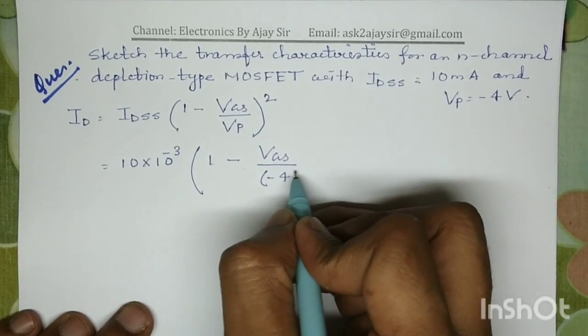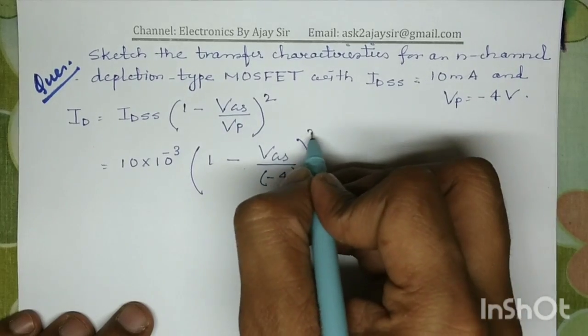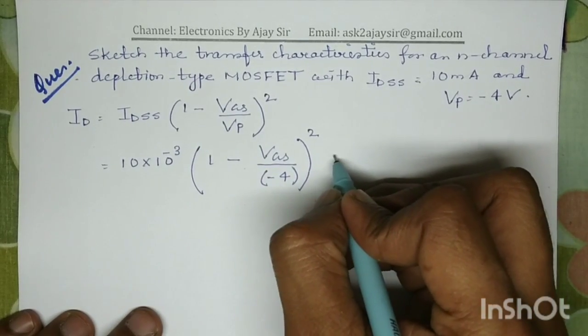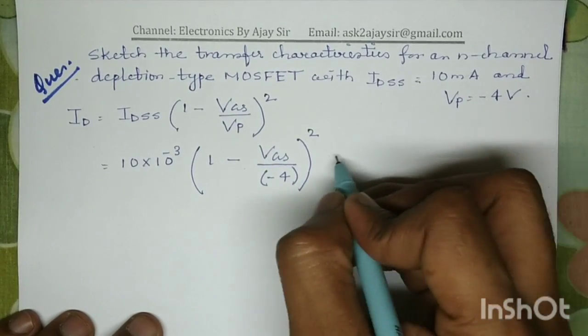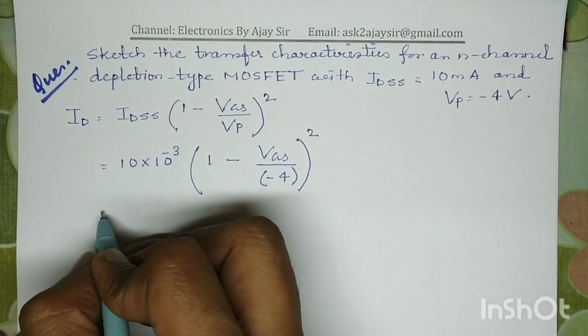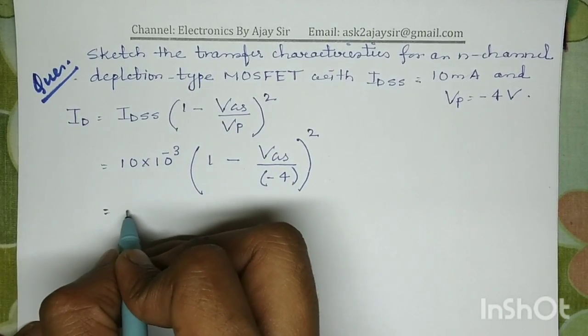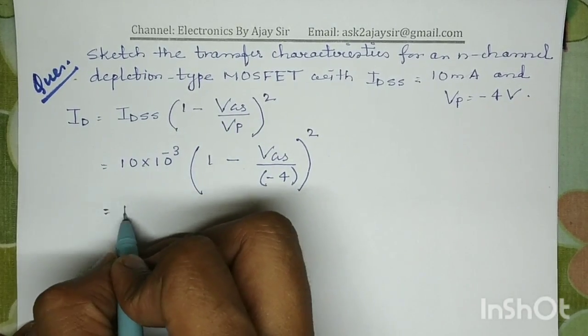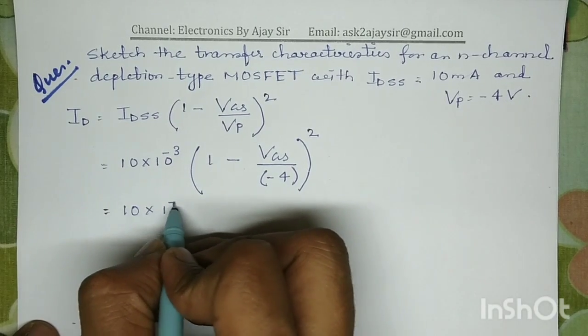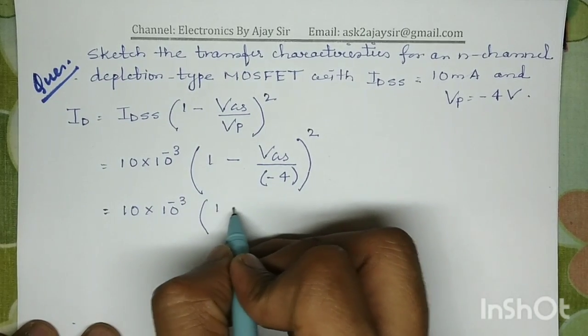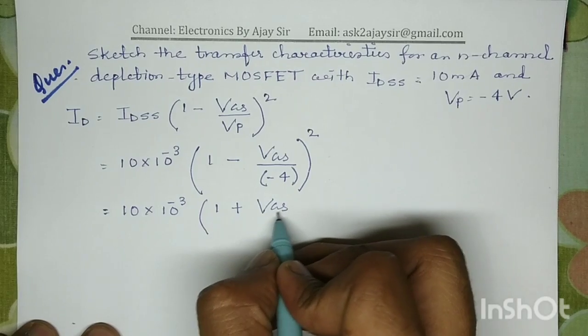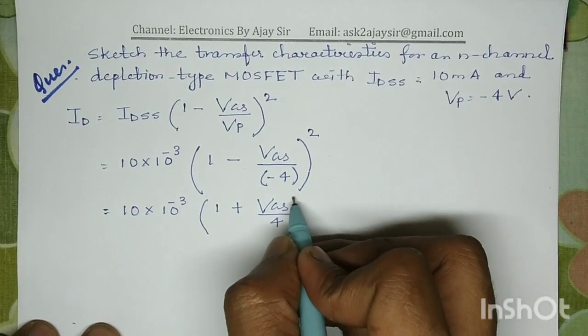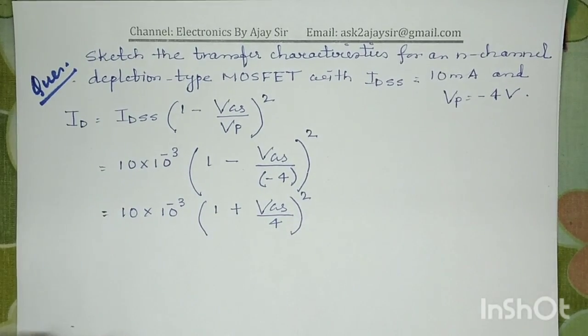VP here is -4. So on simplification I can write it is 10 into 10 to the power minus 3 (1 plus VGS by 4) whole square.